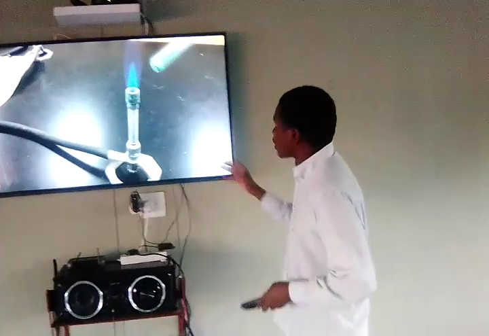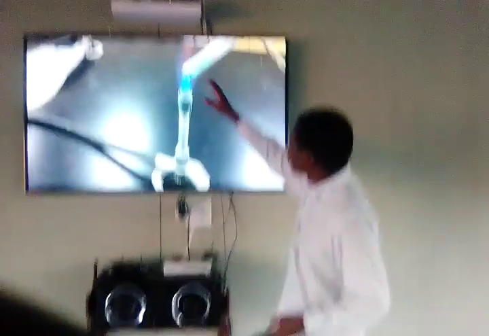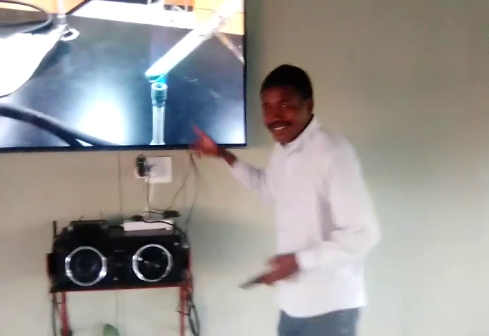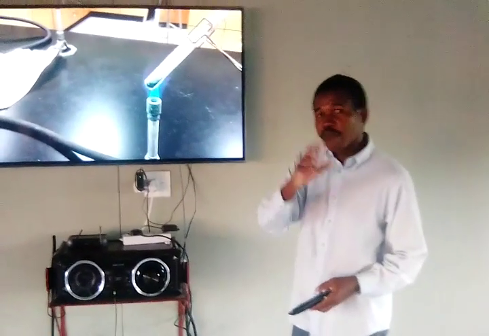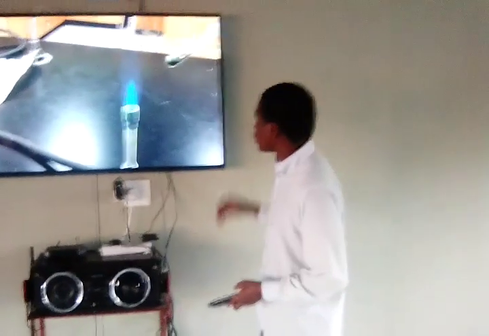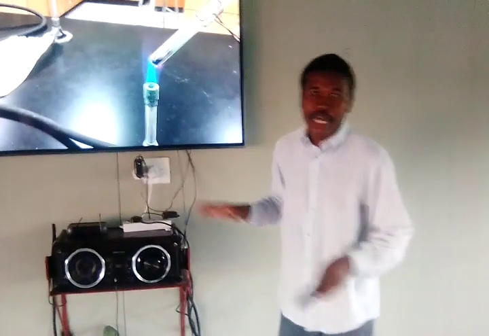So what's happening now is that you start heating your copper carbonate. You're placing the test tube onto the flame. Observe that sometimes we'll use fortified glass that is strong, which allows you to heat the test tube directly. It's almost as if the copper carbonate is becoming a liquid, but it's not.